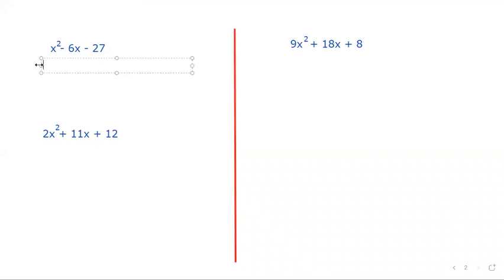So in this case, we would just say x minus 9 and x plus 3. Because once again, negative 9 times 3 gives us this negative 27, but negative 9 plus 3 gives us this negative 6.